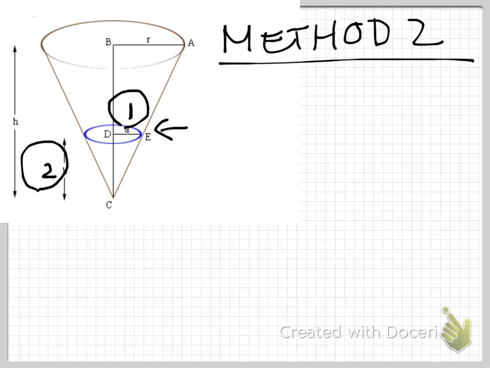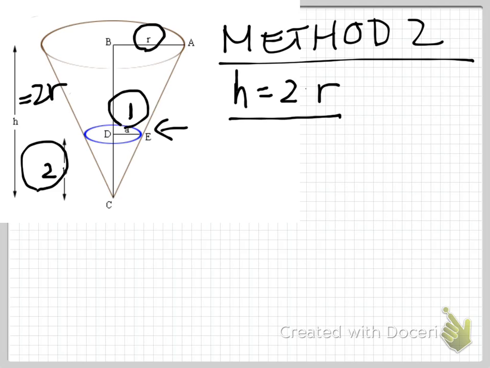So as you can see, if the radius is 1, the height is 2. Which means that the height is 2 times the radius, right? So that means when the radius is r, the height equals 2r. So that is always going to be true in this case. Not always, but in this case.